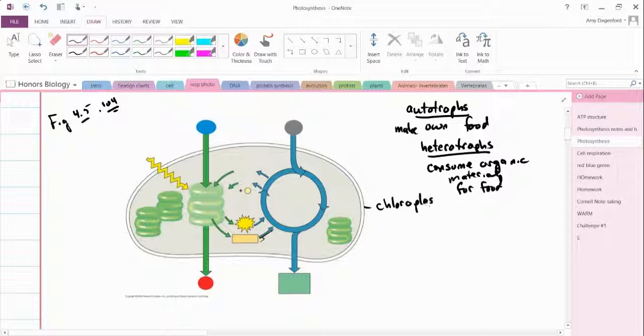And we did label this before. We have the inner membrane and the outer membrane. And the membranes, at least on the chloroplast, are not quite the interesting part. The interesting point is going to be these stacks of thylakoid. I know that's kind of such a bizarre name for them, but these thylakoid membranes.